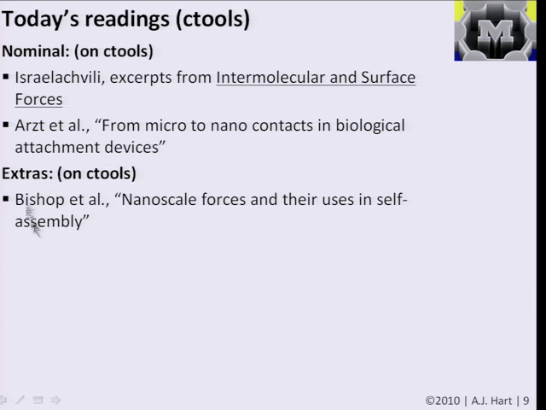And then I've added an extra paper, which is a review paper on nanoscale forces and their uses in self-assembly. This topic spans this section of lectures and the section of lectures on assembly of structures. It also talks about some other types of forces, for example, magnetic forces that we won't get into. But I think it's just a nice review that gives some practical examples. And you're welcome to flip through that if you like.